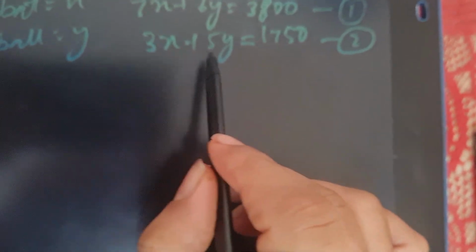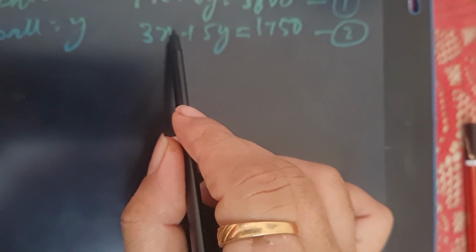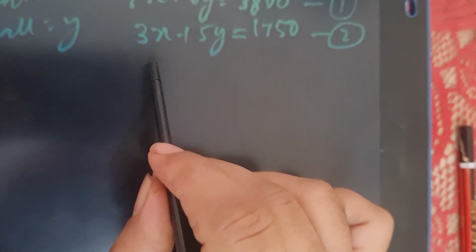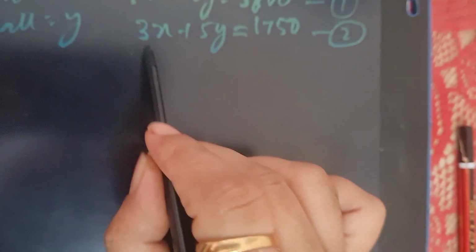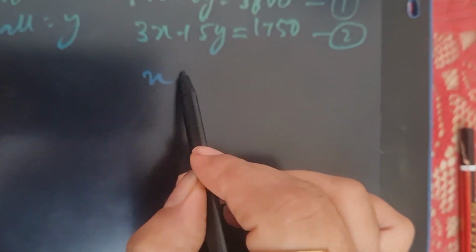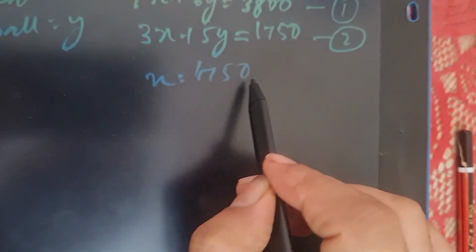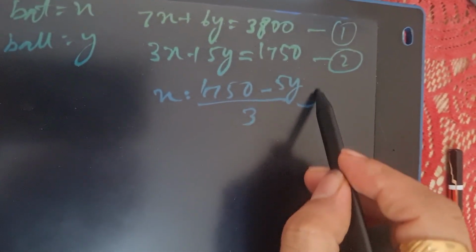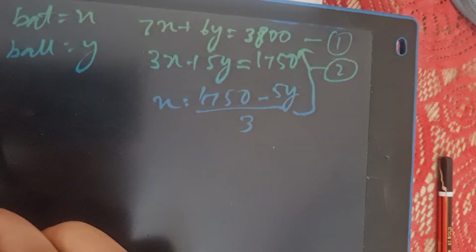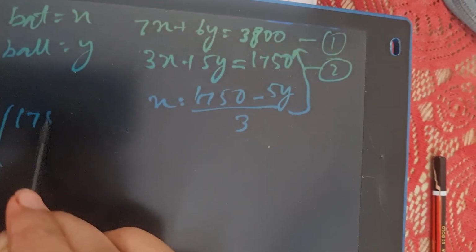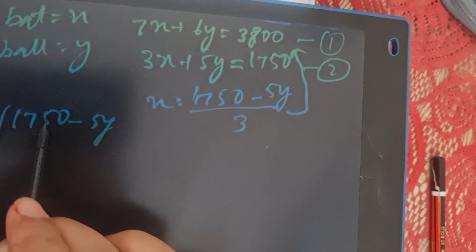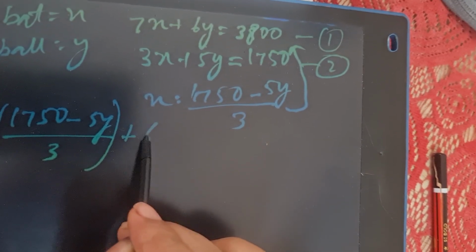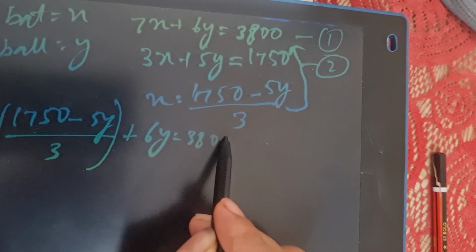Now we can take the value of any of these, x or y. So let's take the value of x instead. x is equal to 1750 minus 5y divided by 3. So putting this value of x in equation 1, 1750 minus 5y divided by 3 plus 6y is 3800.